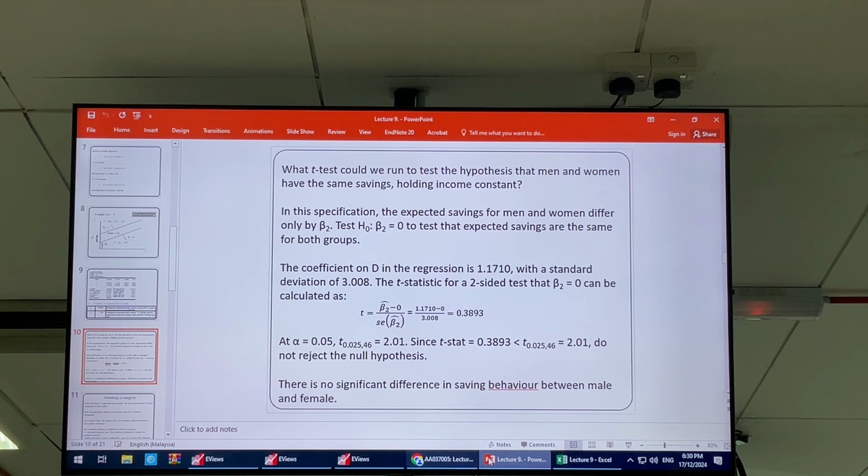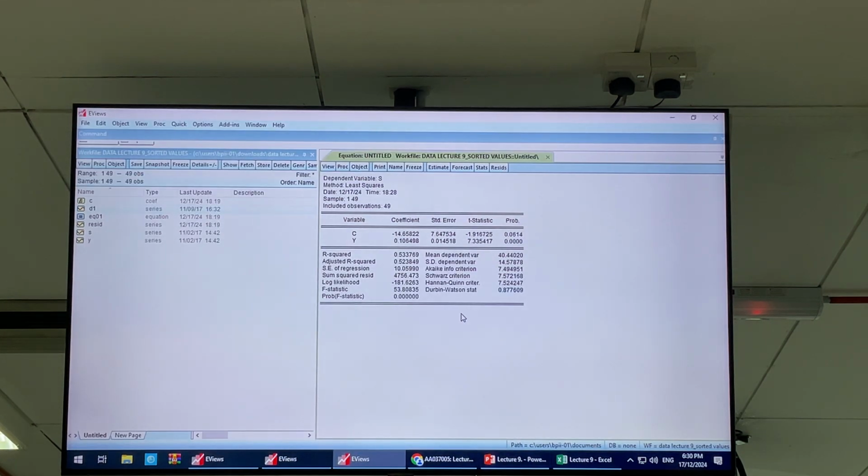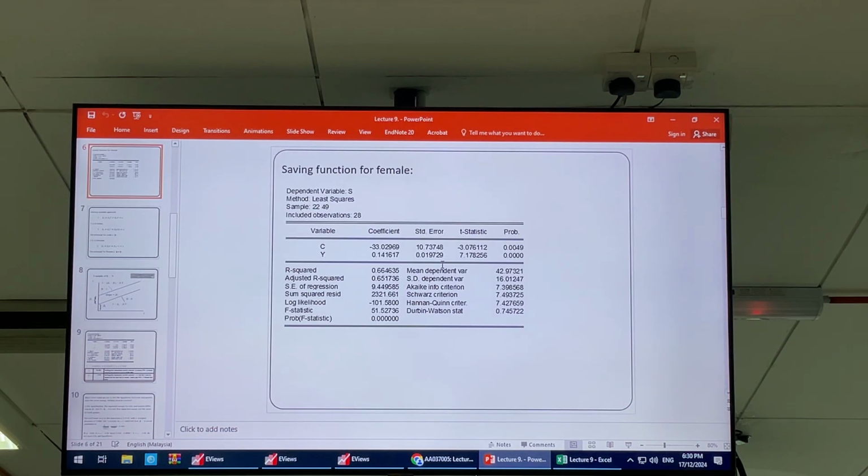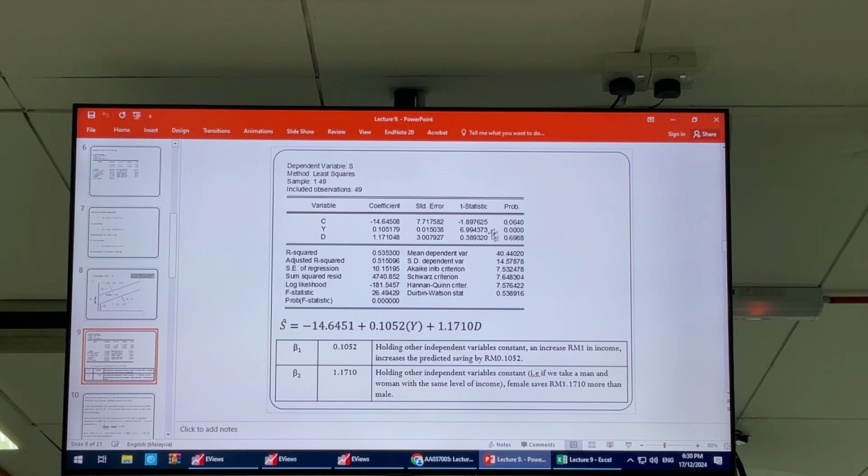Or based on the EViews output, for the coefficient for beta 2, this represents the estimate for beta 2. We can just look at the p-value. The p-value is 0.69, which is greater than 0.05, so do not reject.